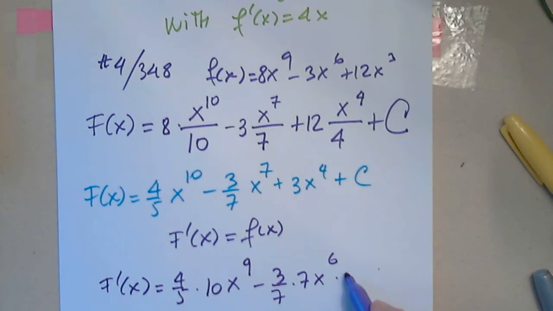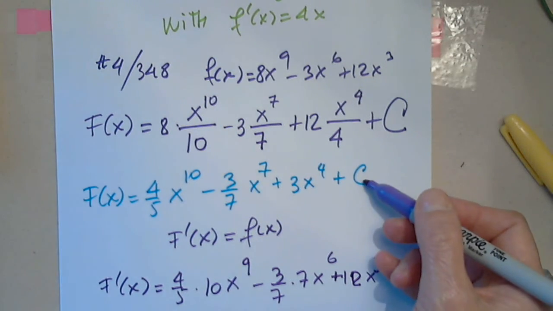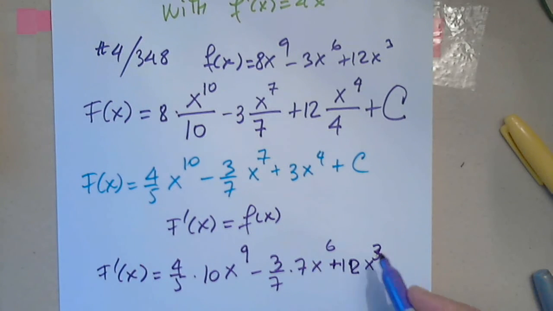I bring down 4 plus 12, and I subtract 1 from the power. And when I differentiate the constant, I get 0. This is 12 here, sorry about that. So I'll simplify, and I get 8x to the 9th. I simplify, I get negative 3x to the 6th. There's nothing I have to do here, and I get that, which is indeed the function we started with.